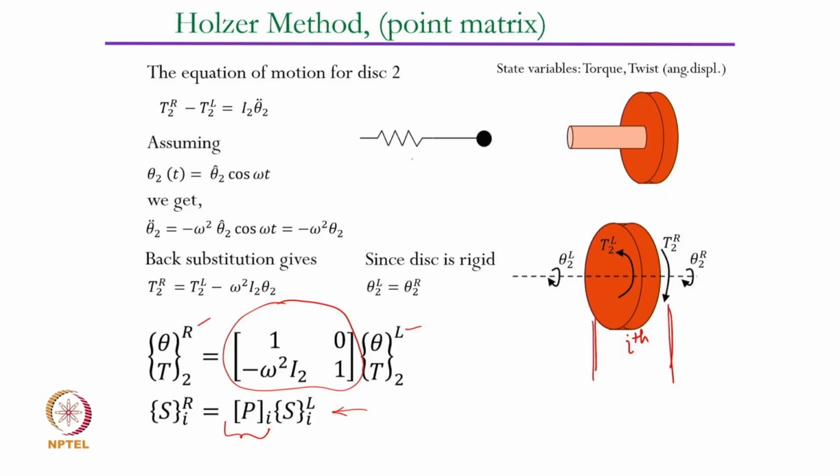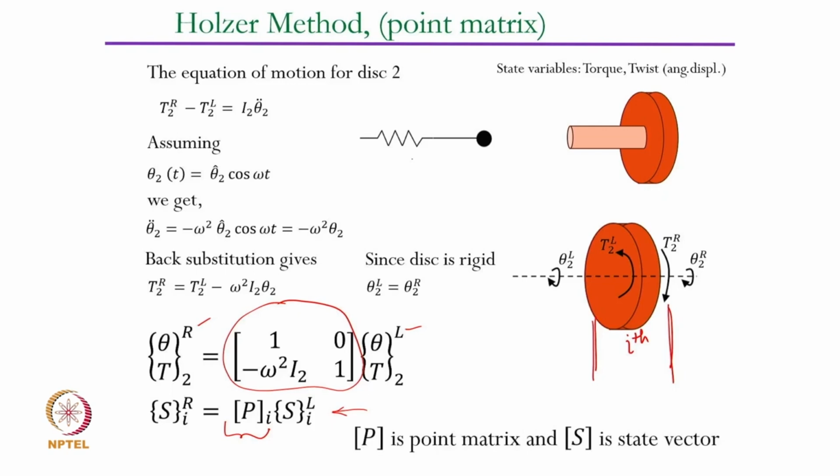The entire mass of the shaft is lumped at the disk location. The disk is there, so you can lump the mass moment of inertia of the shaft also to the disk location, but that's a point matrix Pi. Its elements are all given here, omega square I2.